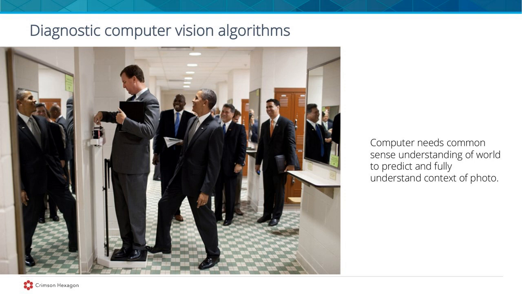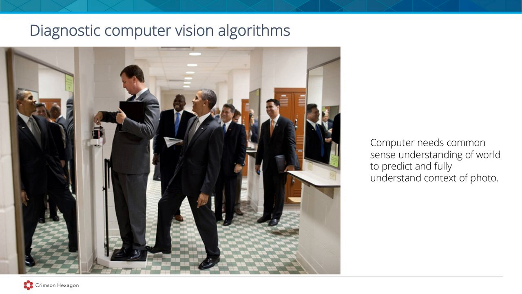I could tell you there's a mirror, and I could tell you there's a couple lockers and a scale. But I can't actually tell you that there are 5 people in the photo because computers don't yet have what I would call a common sense knowledge base of general physics of the world. It doesn't know that when it sees a mirror, mirrors cause reflections. And therefore there are not 10 people in the room, there are 5, there's just a reflection.